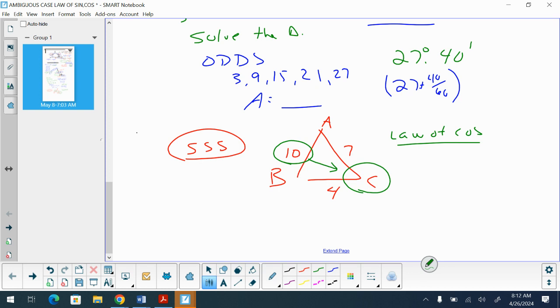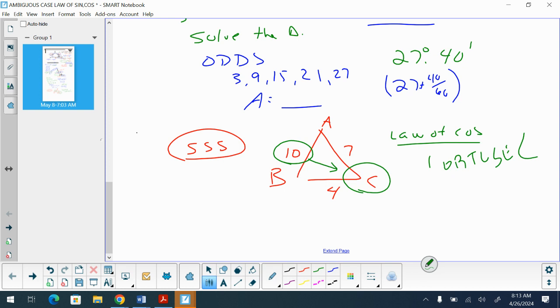So you can only have one obtuse angle, and that obtuse angle has to be across from the biggest side. So the biggest side has to be opposite the biggest angle. If angle C is not obtuse, angle B and A are not going to be obtuse.